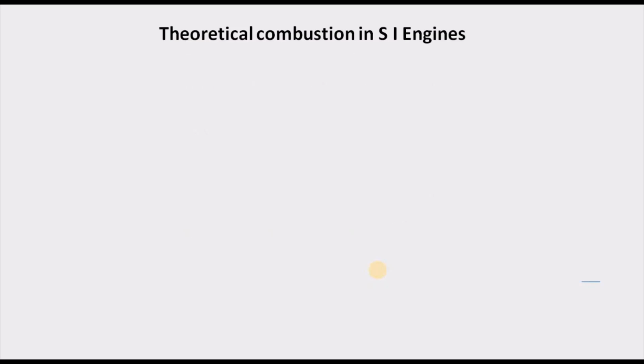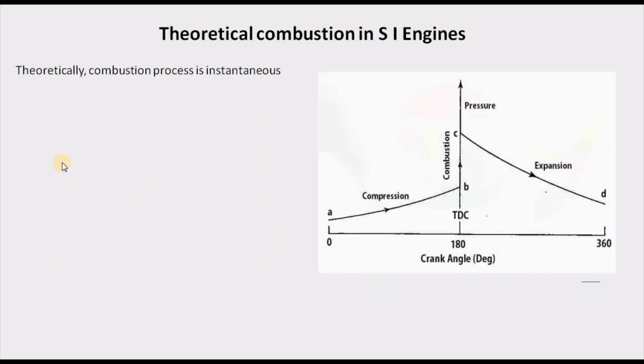Now let us discuss how this combustion happens theoretically inside the combustion chamber. Theoretically, we know that the combustion process is instantaneous. This figure indicates the pressure crank angle diagram for combustion in an engine. This particular curve is related to pressure.